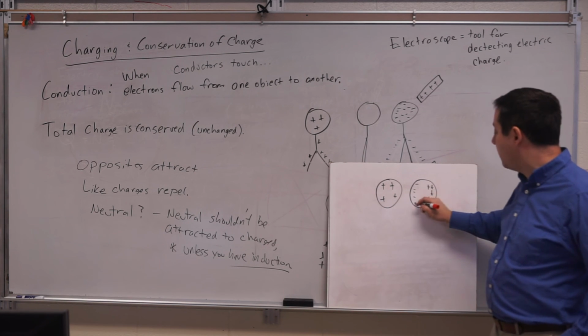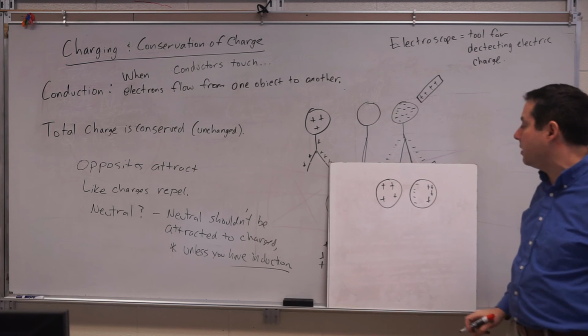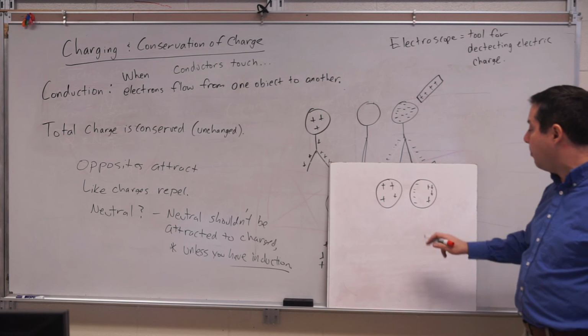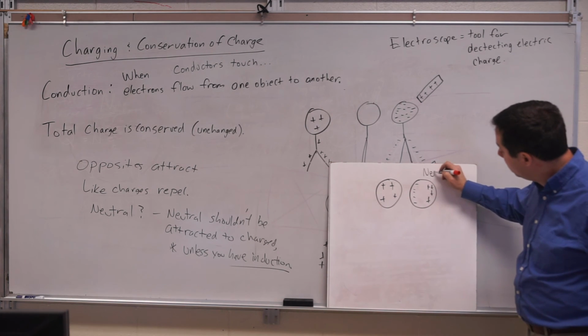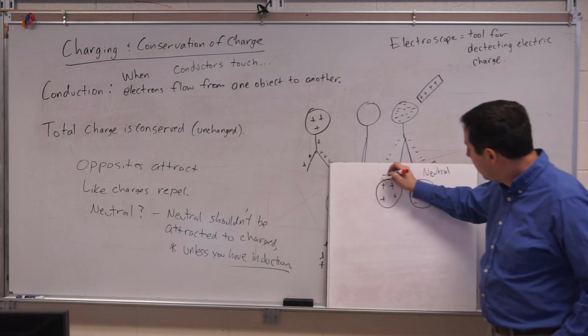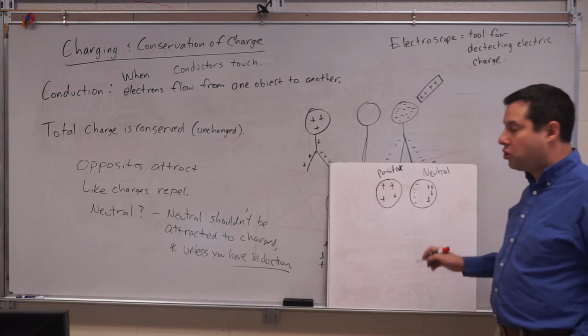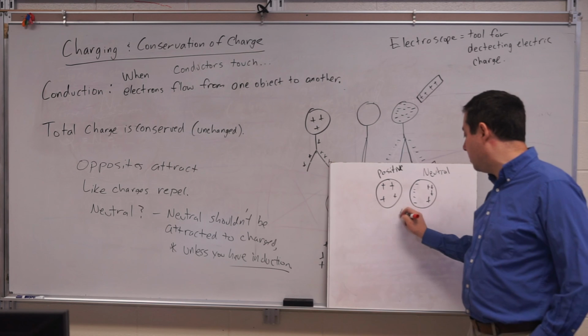So your right side becomes positively charged, and your left side becomes negatively charged. And the interesting thing that we find is when this happens, even though this is still neutral, and this is positive, you actually do get an attraction between them.